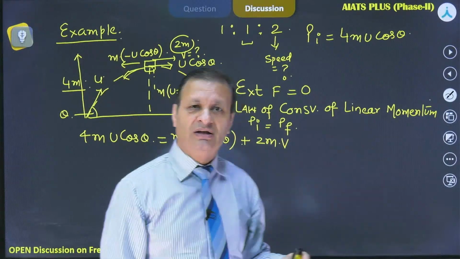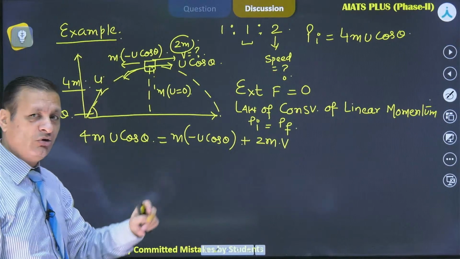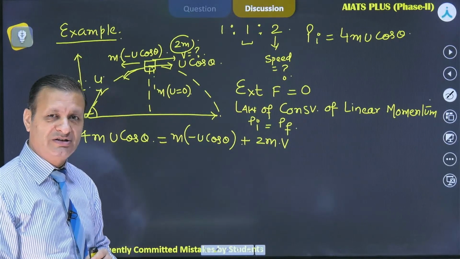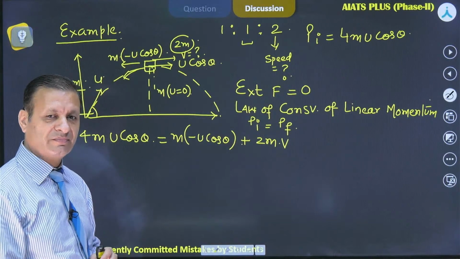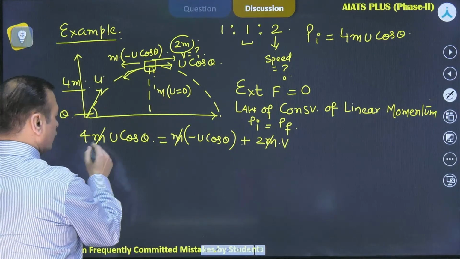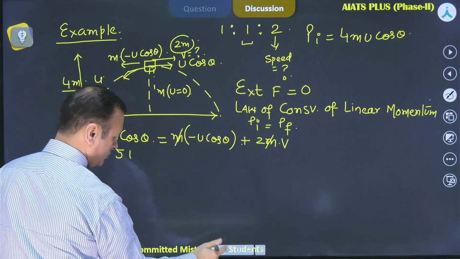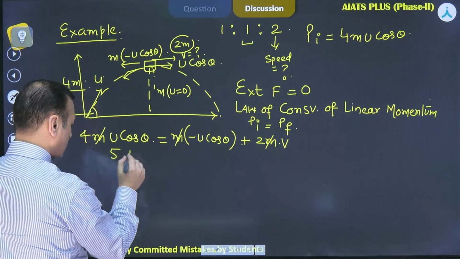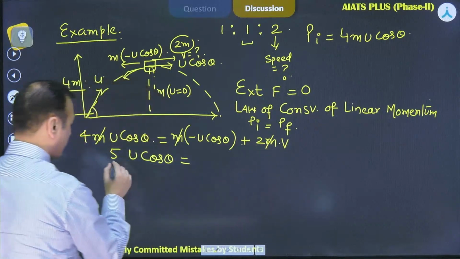So now we have built up the situation to understand this concept very well. If you have any doubt, you can ask me, from this numerical section at least, or shall we move? Fine. So this gives 4u cos theta equals minus u cos theta plus 2v, so 5u cos theta equals 2v.